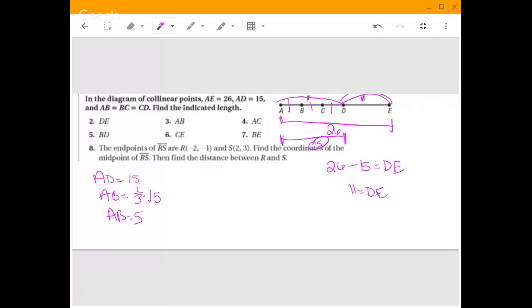Okay. So then what do you think about AC? To know this section here. Oh, sorry, AC. If we know that AB is 5 and BC is 5, then it would be 10. Yeah. Okay, it's getting kind of junky up there.